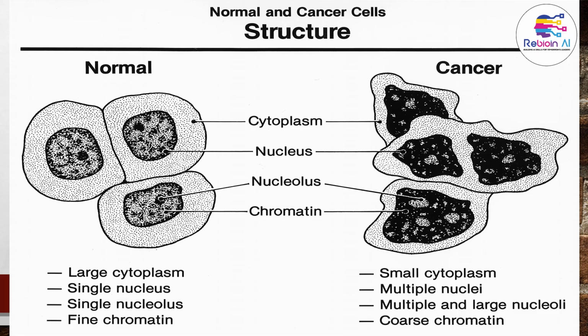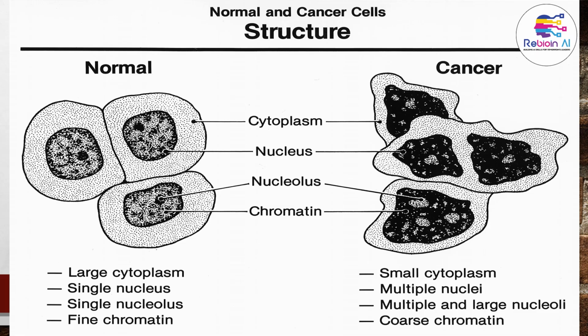Inside the nucleus is the nucleolus, which is responsible for producing ribosomes for protein synthesis. Normal cells have a single small nucleolus, while cancer cells have multiple and enlarged nucleoli because they need to produce more protein to support rapid growth.